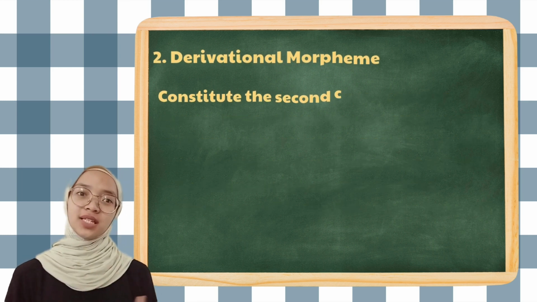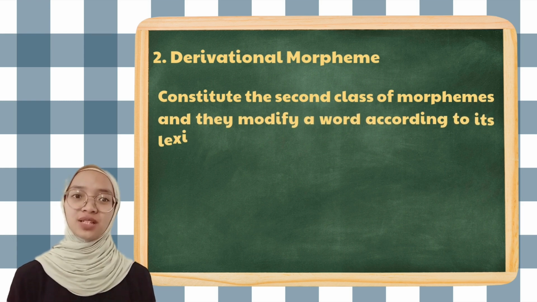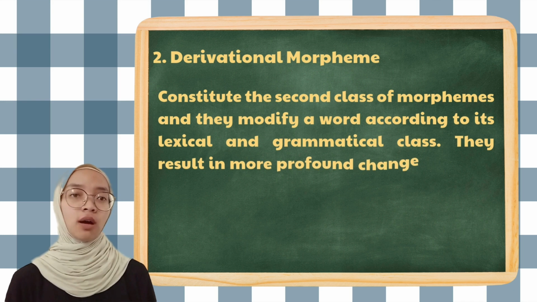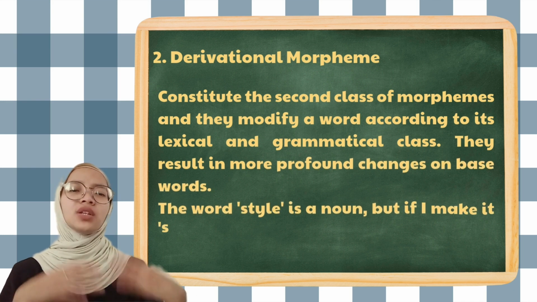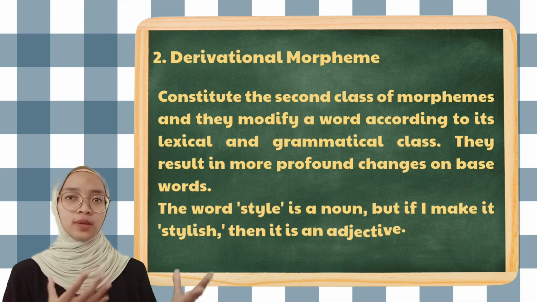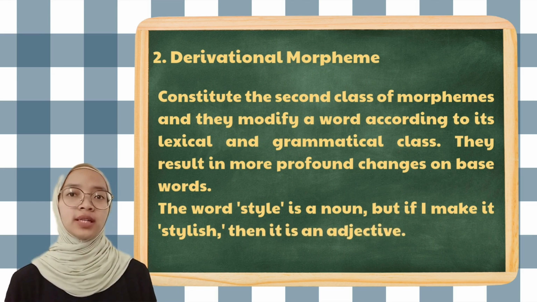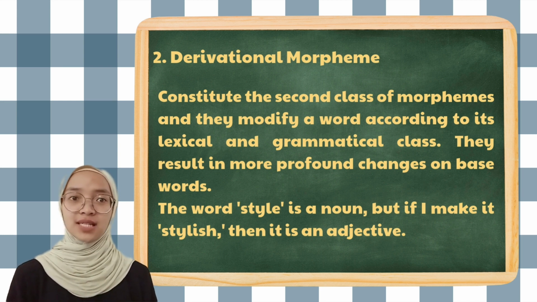The last type of bound morpheme is the derivational morpheme. Derivational morphemes are the opposite of inflectional morphemes. Derivational morphemes constitute the second class of morphemes, and they modify a word according to its lexical and grammatical class.